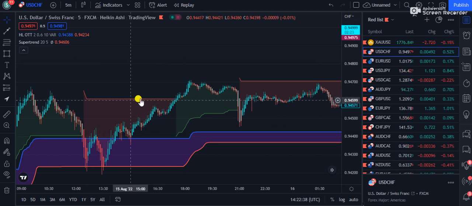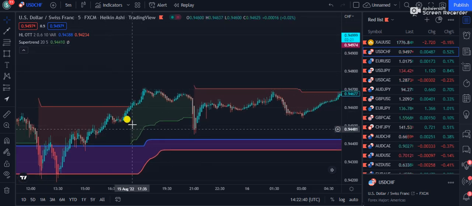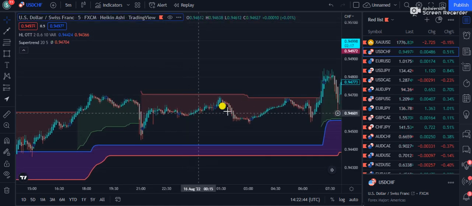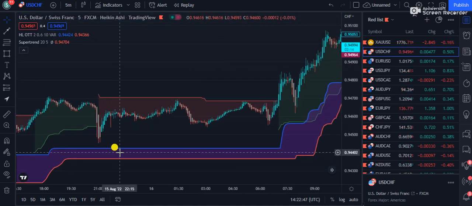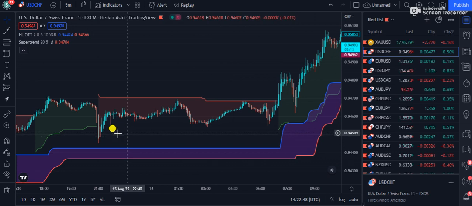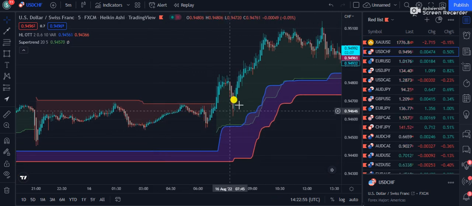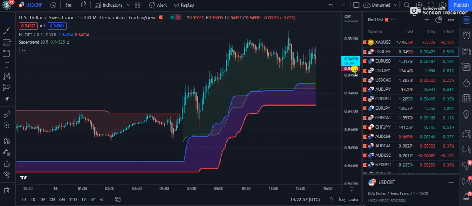We will ignore the sell signal, and once we have a buy signal, we will simply go for the buy entry and keep ignoring the red signals when you are above this purple line, the second indicator. When you are above the second indicator, keep ignoring the bearish signals and keep taking the bullish signals, as you can see on my screen.